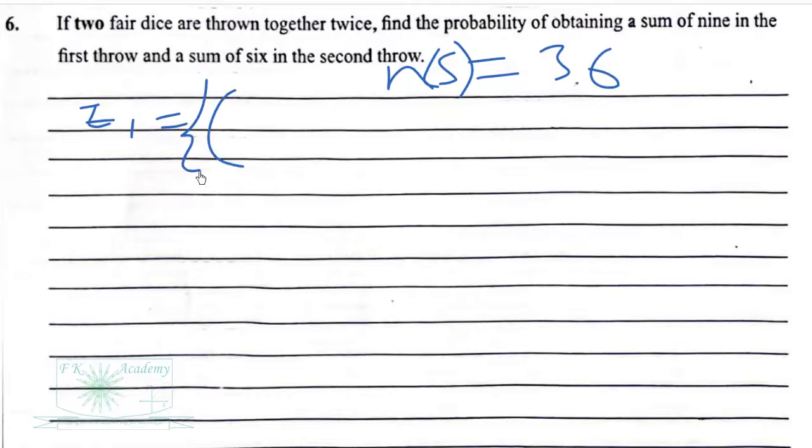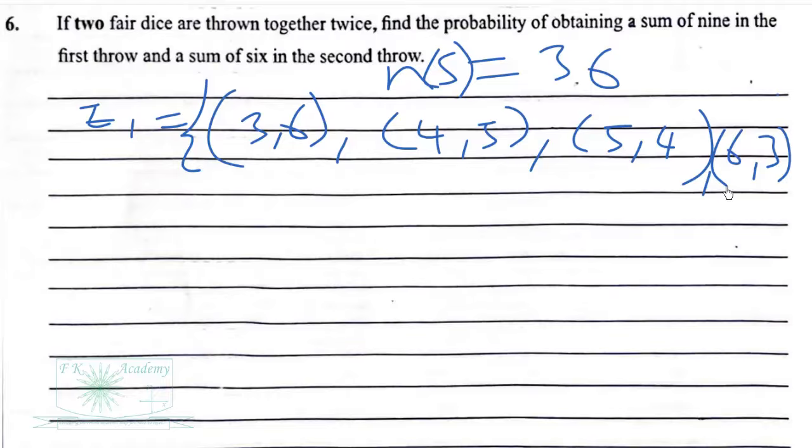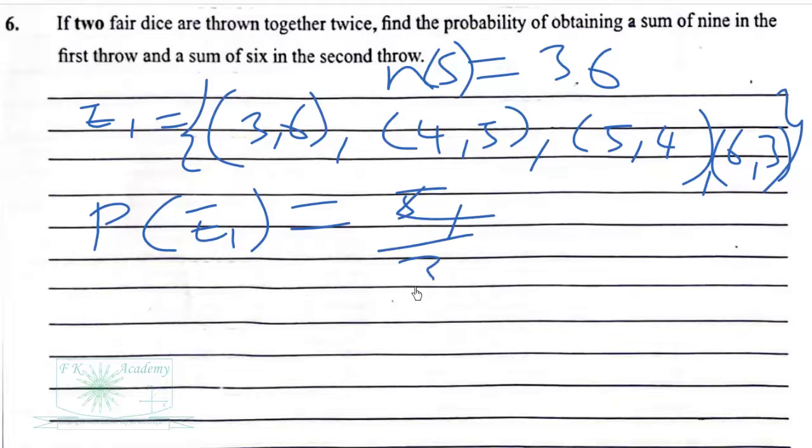So for this sum of 9, the possible outcomes are 3,6; 4,5; 5,4; and 6,3. The probability of obtaining this E1 is 4 over 36, which is 1 over 9.